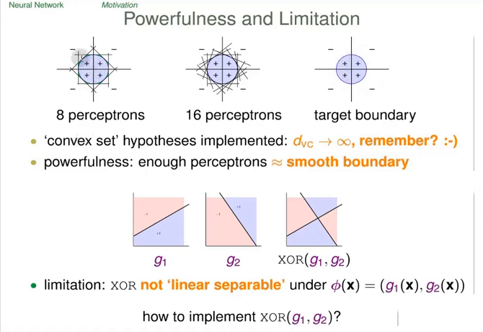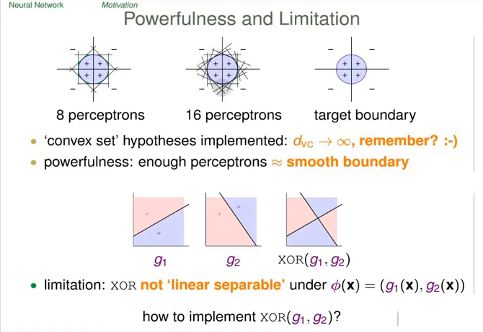For instance, we can combine 8 perceptrons and implement the following decision target boundary. Each line here corresponds to one linear perceptron. However, if we combine more perceptrons, as in this case, we have 16 perceptrons, then we can notice an even smoother target boundary.